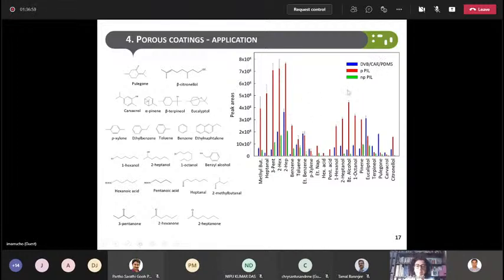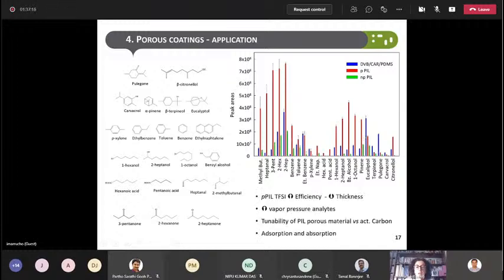We compare the porous with the non-porous, and we can see the difference that the pores make. Without the pores, we have the green. With the pores, we have the red. These are very interesting results. And the blue is the commercial fiber.